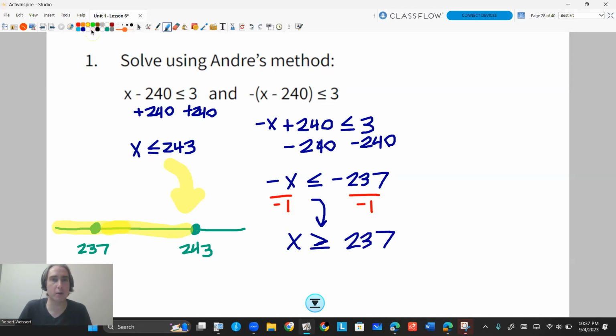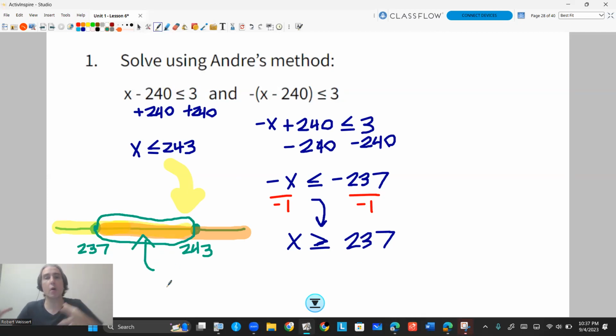But if I do x is greater than 237, then I'm going to have some issues because the part that's greater than 237 goes to the right of 243. So what ends up happening in this problem is the only part that actually counts is what's in between. And in this case, we're including those numbers because it's greater than or equal to. So we want to do the in-between part when it's going in opposite directions like that.